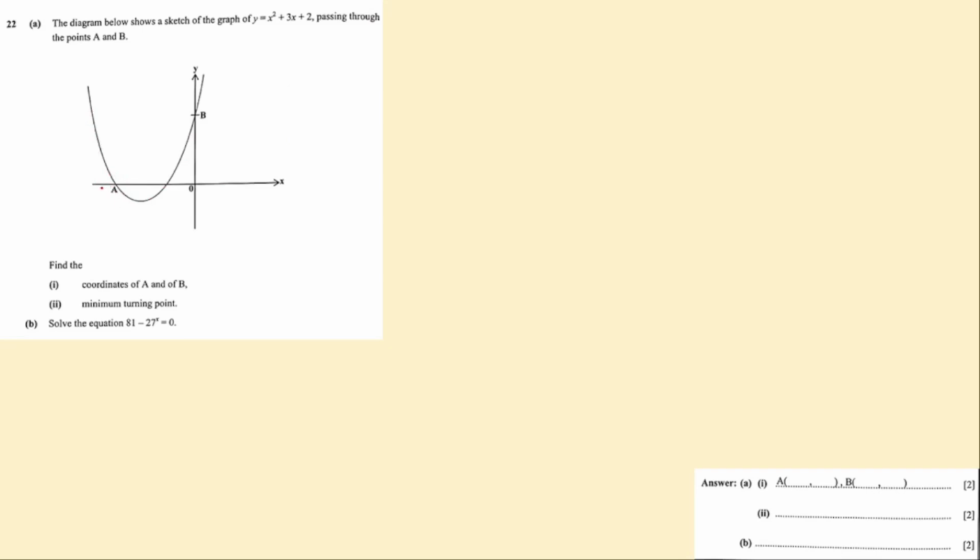The curve is cutting the x-axis at A. So A will have coordinates which would look like this, because A is the point where the curve cuts the x-axis. So at that point, the y coordinate is equal to 0.